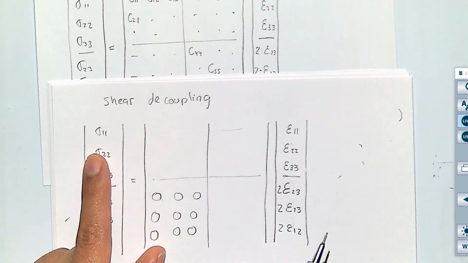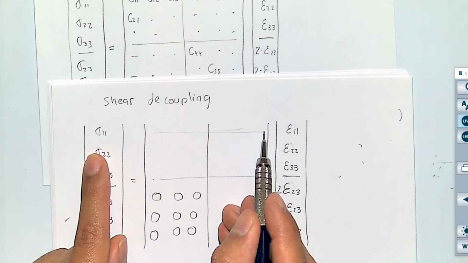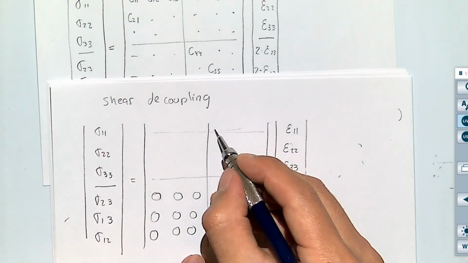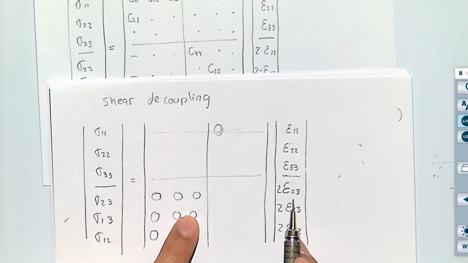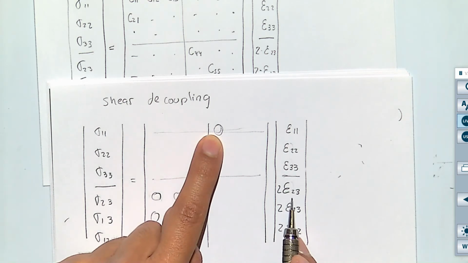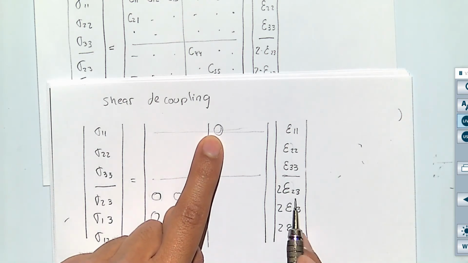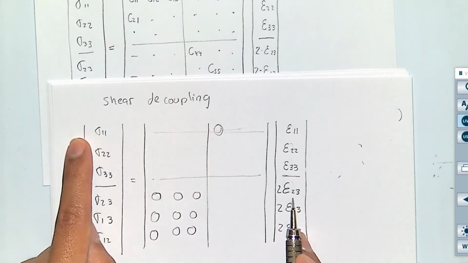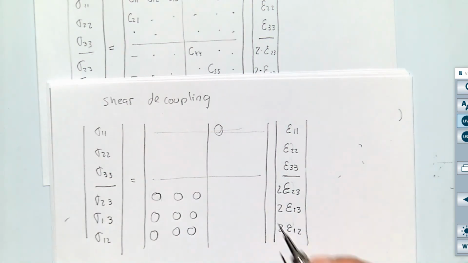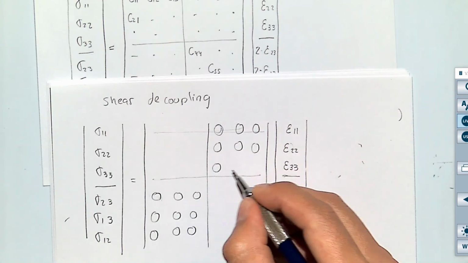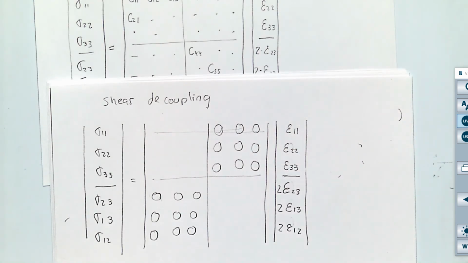So for example, when I get to multiply this row times this column, this element is going to be the one that multiplies this one times that one, and there is no way that by applying a shear strain I'm going to produce a normal stress. And for that same reason, all of these elements are going to be equal to 0.